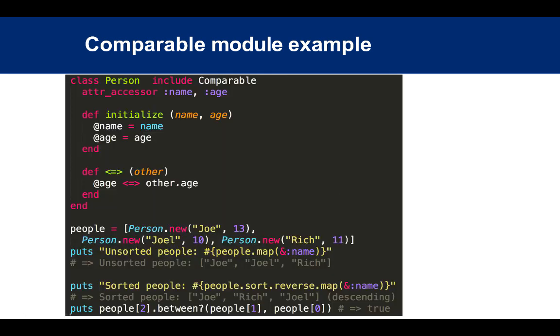So how would you do that? Let's say you have a person class that includes this comparable module, which is a built-in Ruby module. So you have a name and an age, which are your instance variables with your getters and setters. Then you have your constructor, and then you implement this less than, equal to, greater than method to compare things.